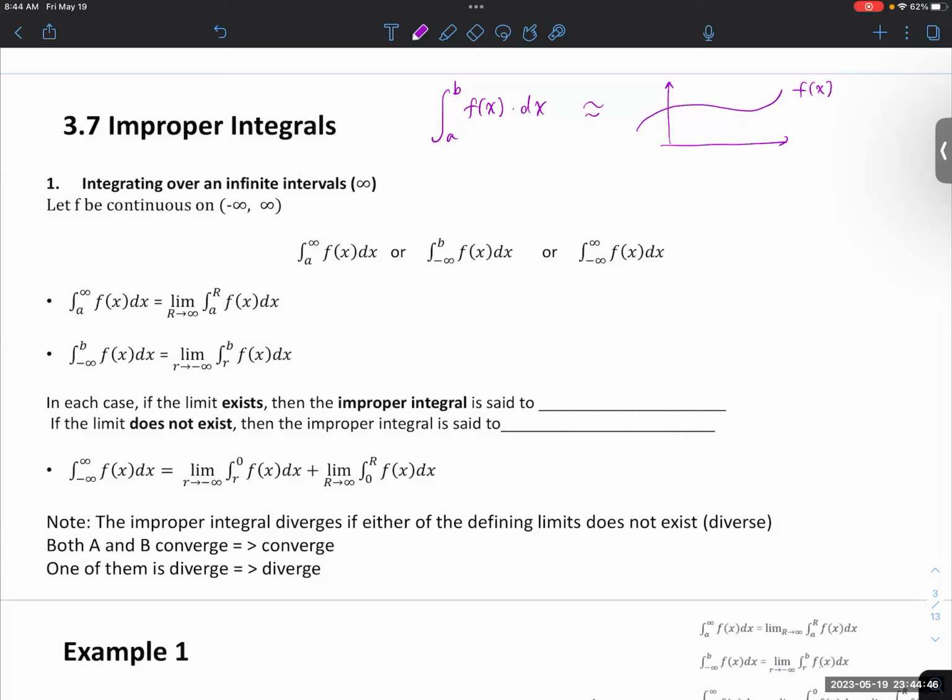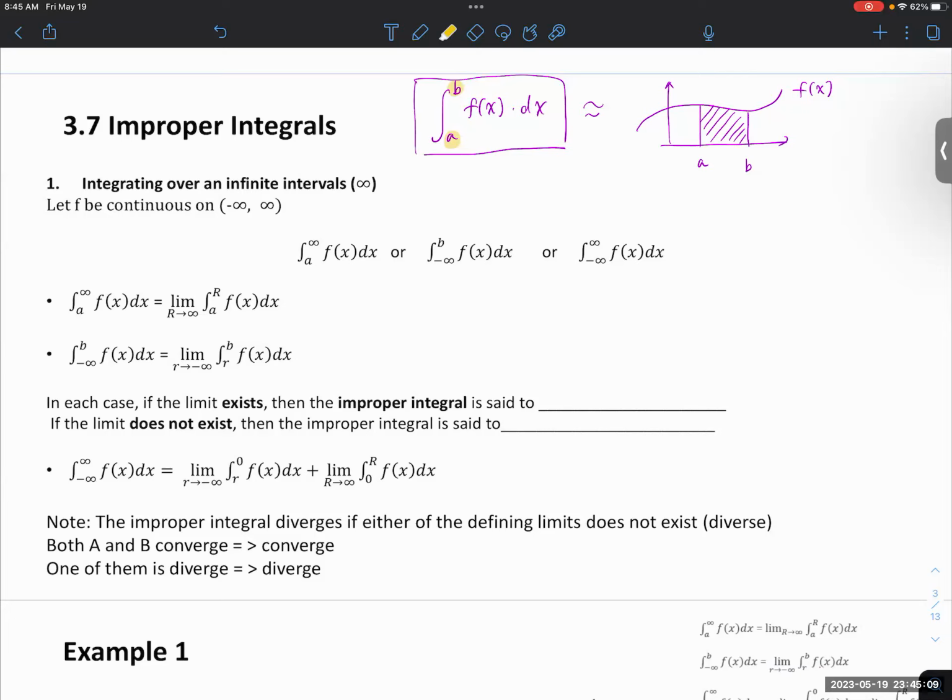It could be linear, quadratic, trigonometric, a very different type of function, and we are looking for the area from a to b. So this integral means that we are looking to estimate the area from a to b. In this case, we have a specific interval from a to b to evaluate that area.